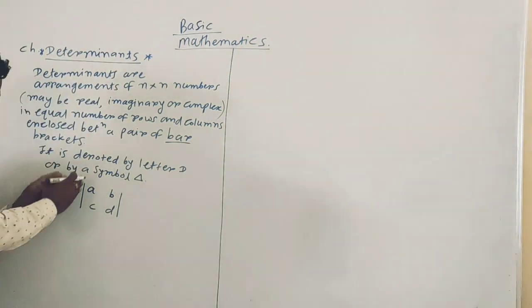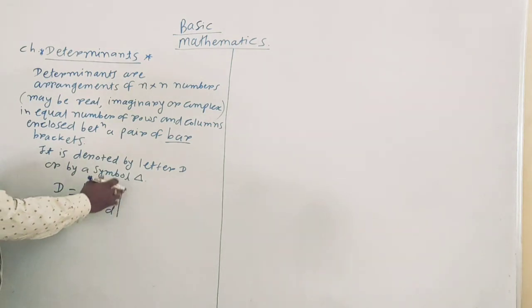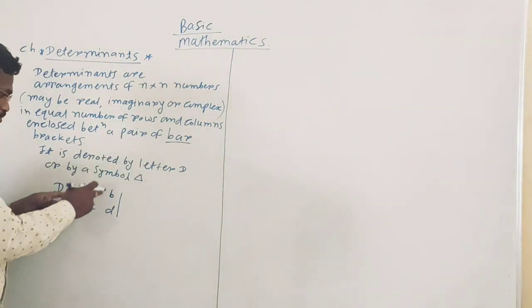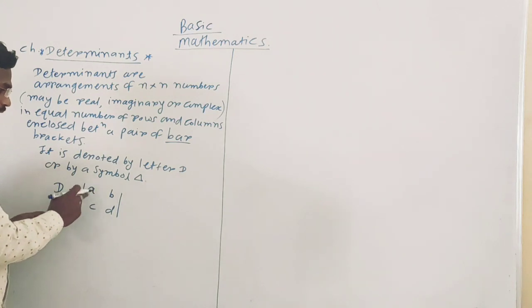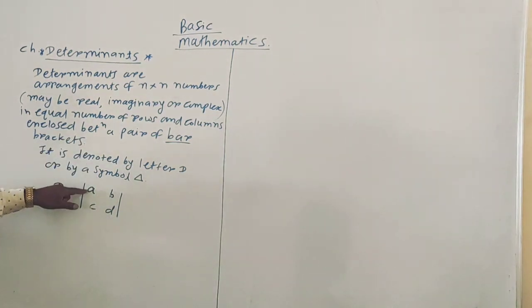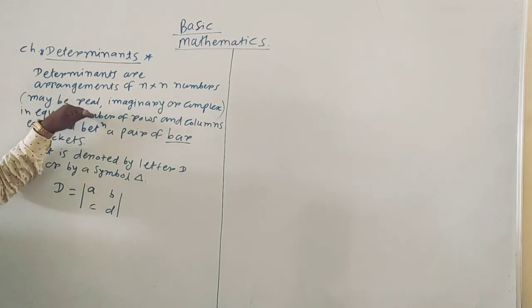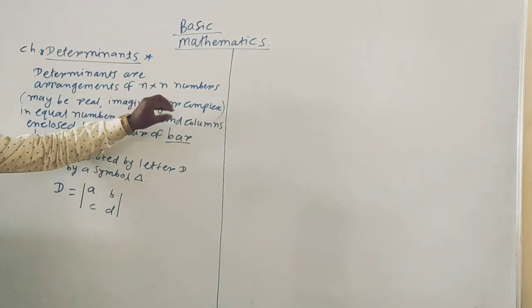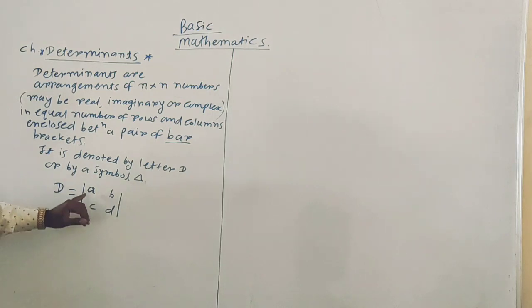Here D equals A, B, C, D, like this: D equal to, in vertical bar brackets, A, B, C and D. These are the elements, the numbers, which may be real, imaginary or complex.